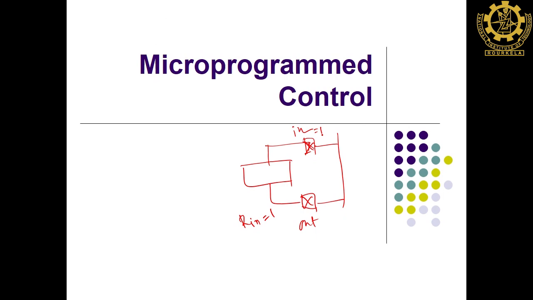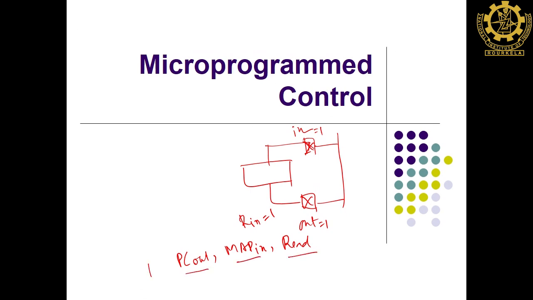This is the signal we want. Let us say here it was PC out, MAR in, and then next is read. So, read is also a signal. This should be 1, this should be 1, this should be 1 in the first step.